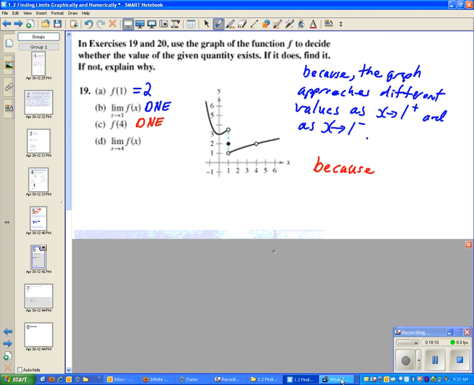Because the graph, what do I want to say? I want to say does not exist again, but I'll try to avoid using the exact same words. Because the graph does not have a value at x equals 4.